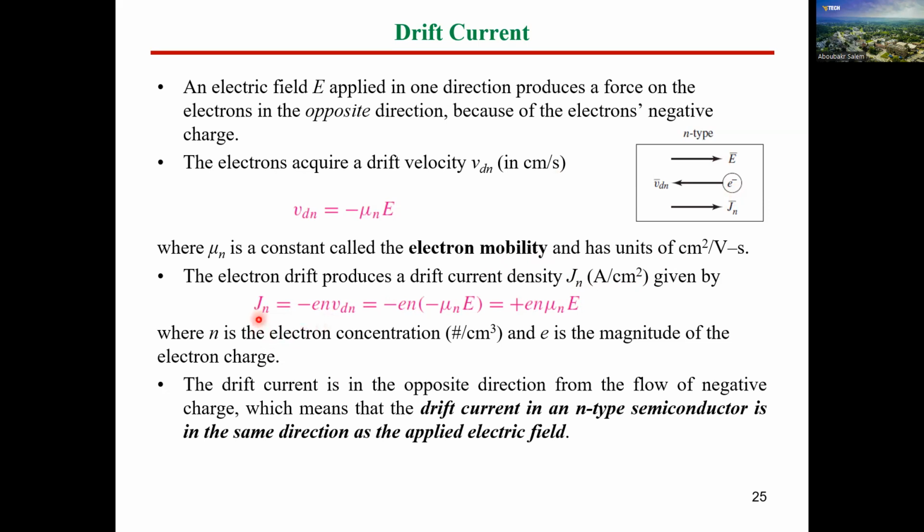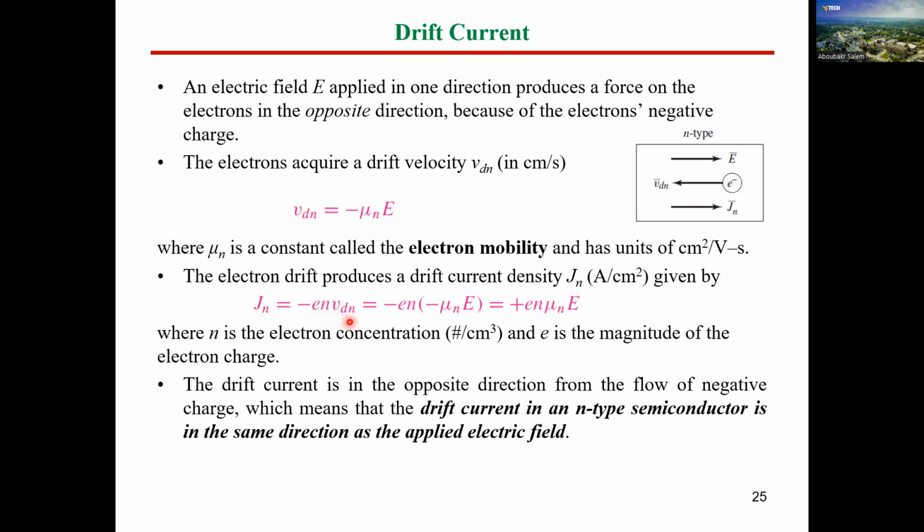How to calculate now the value of current density? So current density equals minus E, we will discuss now what is E, times N. N is our concentration we calculated before.